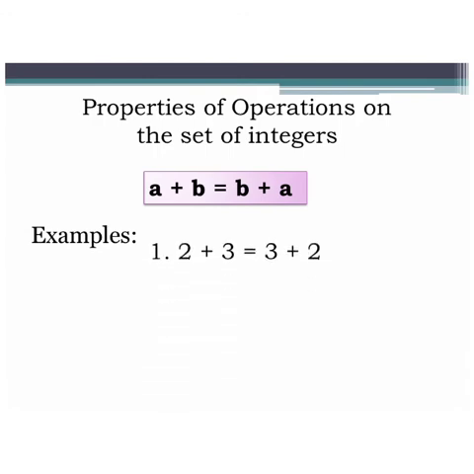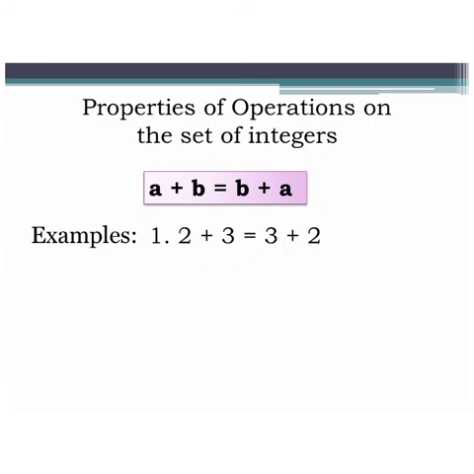Examples, guys. So, we have 2 plus 3 is equal to 3 plus 2. So, yung value ng A natin, ito yung integer na ini-represent niya. Yung B naman is 3. Okay? So, sa kanan po, we change the order. Tingnan natin kung parehas ba yung value kung iniba natin yung position ng mga numero.